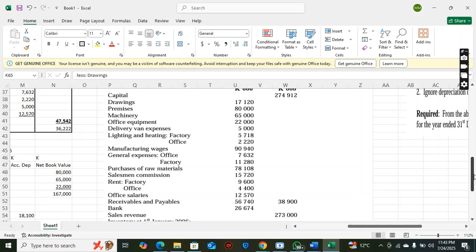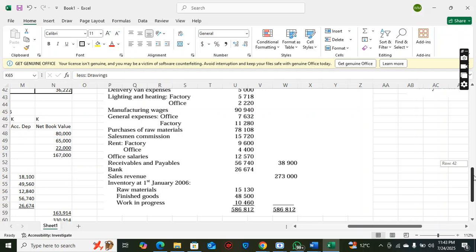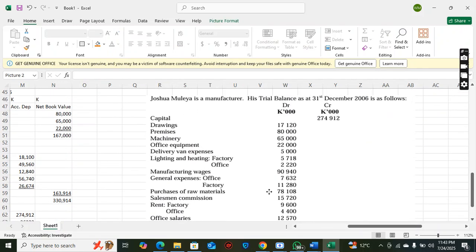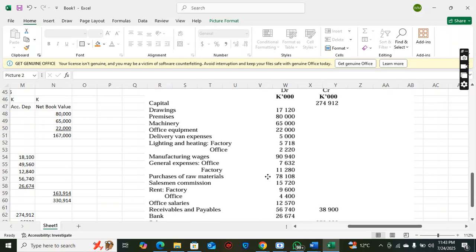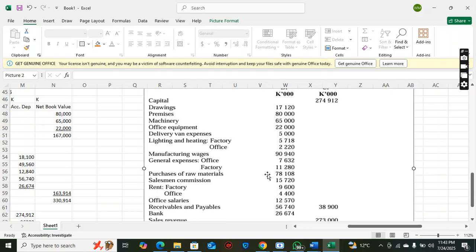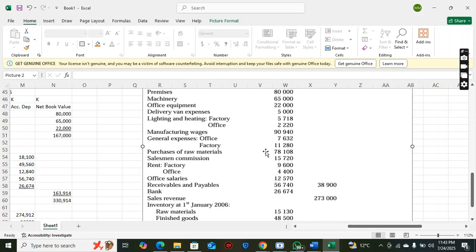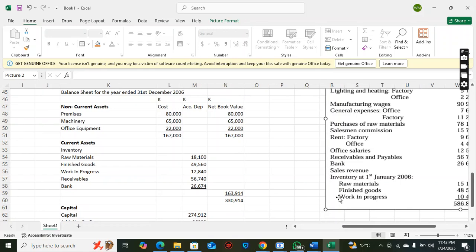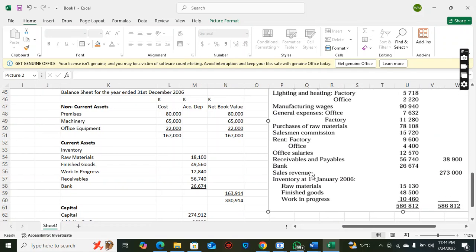Okay, we continue where we left off. So I don't see any long-term liabilities. Capital, advance, premises, purchases, rent, office salary. That was a current liability. So I don't think there are any non-current liabilities. So we go to the current liabilities.